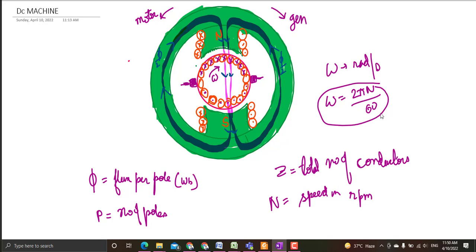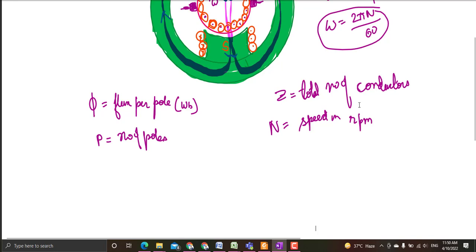Okay, now we have another parameter, A, which is equal to the number of parallel paths. So what does this mean?